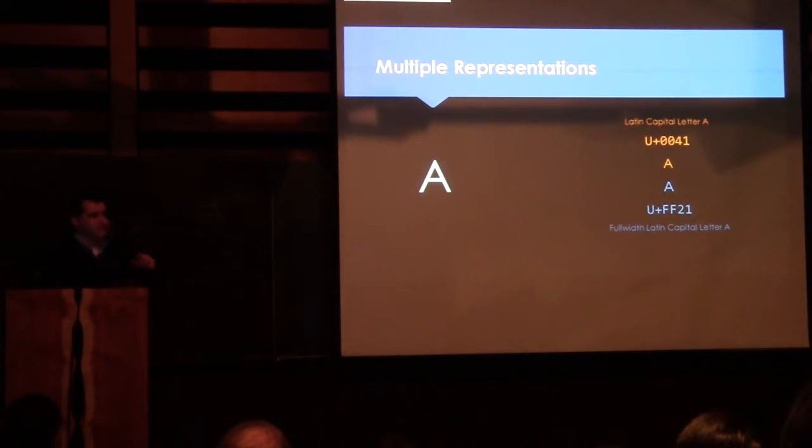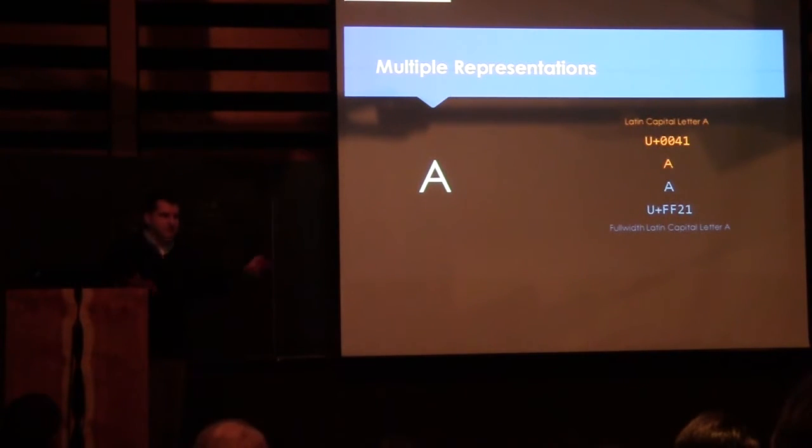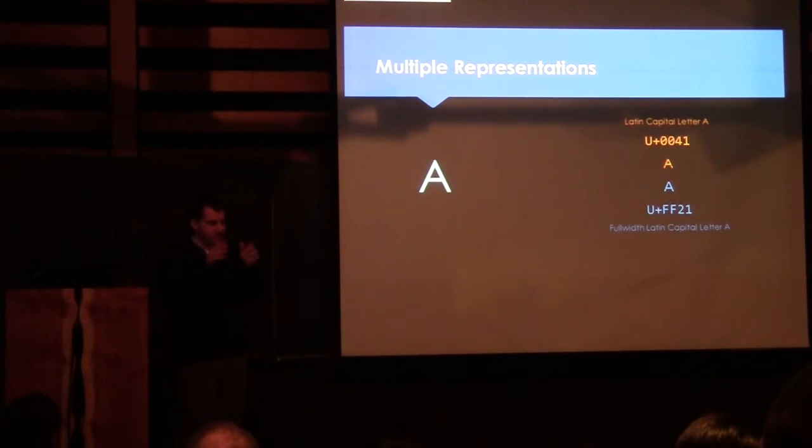As a counterexample, if you're trying to draw text, you actually do care about the difference between these. Like the ligature FI may be rendered by your text editor differently than the character F followed by the character I. On the other hand, if you're implementing a web browser and you want to implement search, and you type in FI, you want it to find instances of FI and also instances of the ligature FI.